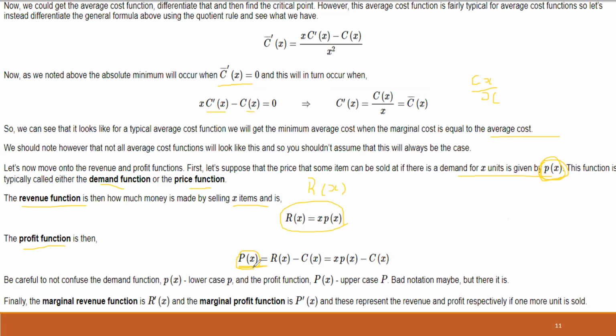Profit comes with an uppercase P, right? Know this. To find your profit function, it's basically your revenue, the money that comes in, your revenue function, minus the cost function. And the revenue is basically x times the demand function, minus the cost function.